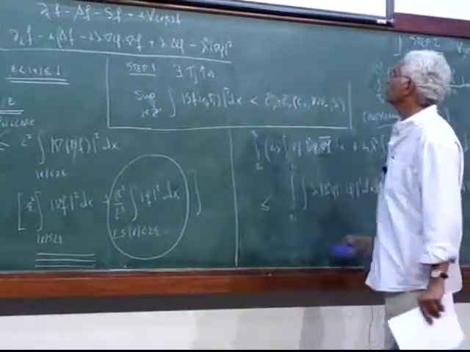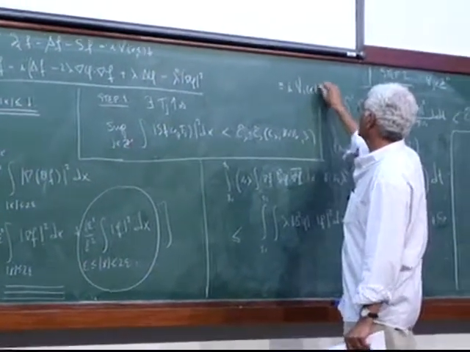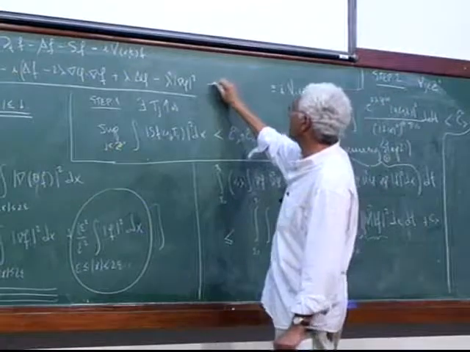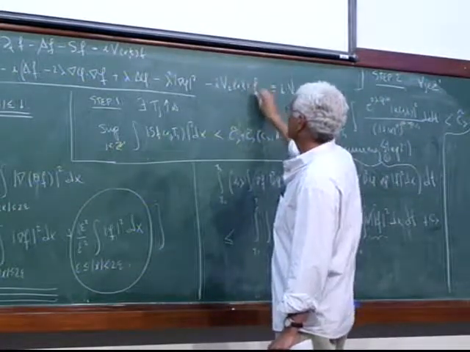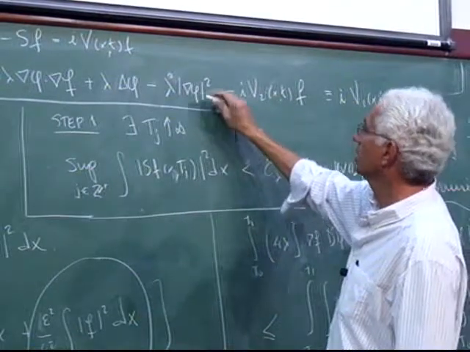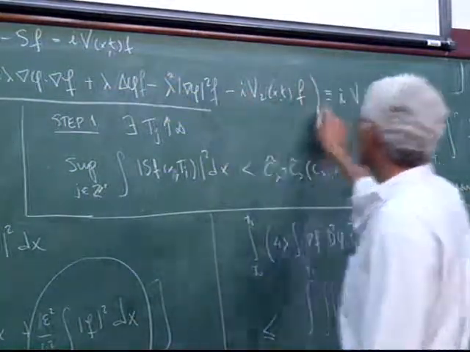If you want to include B2, you write this is I, B1, X, T, F. And I have here minus I, B2, X, T, F. And here you have, this was F, this was F.